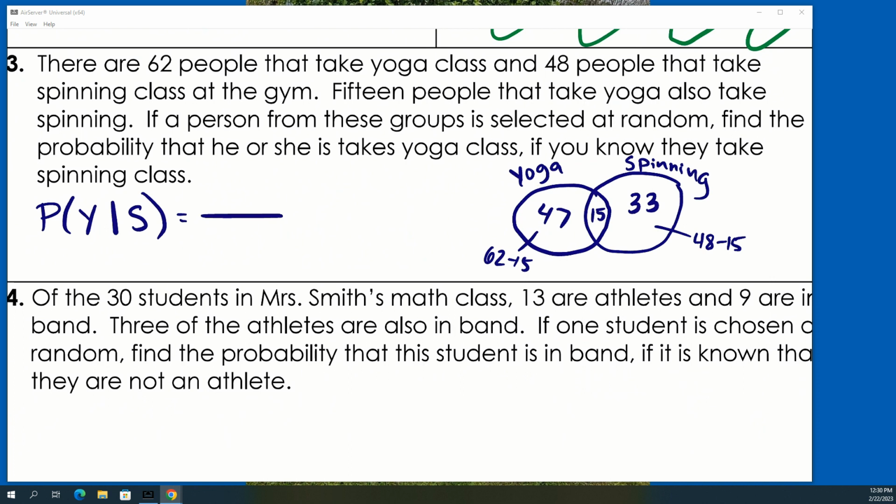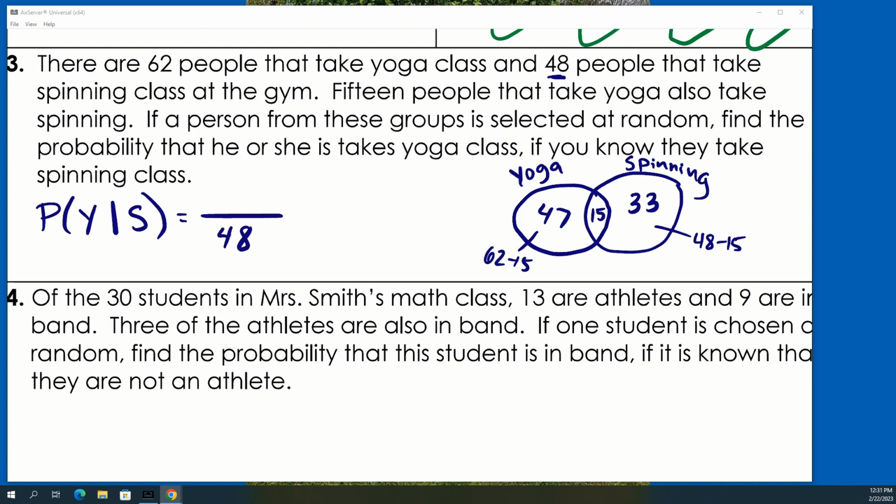Okay, so again, we want to find the probability that a randomly selected person takes yoga given that they take spinning. So the denominator of the fraction needs to be the number of people who are in spinning class, which is 48 people.